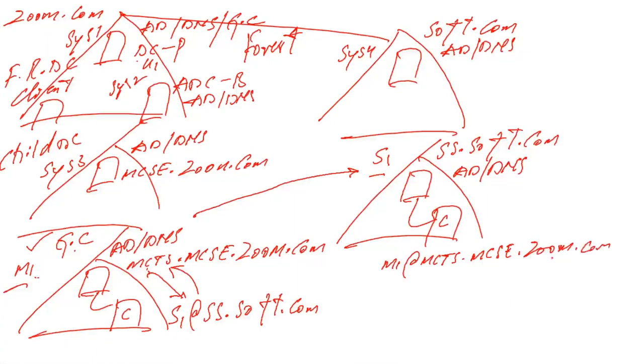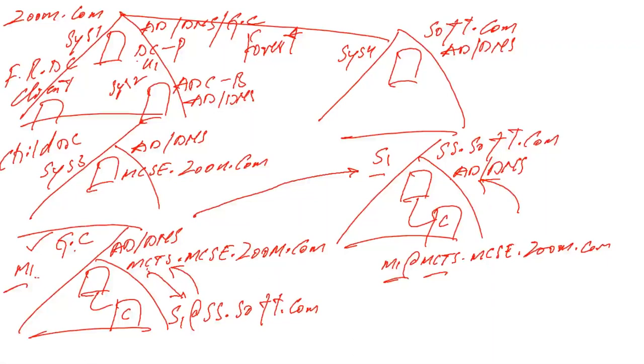Once you press enter, this client will forward the request first to the SS domain Active Directory, but does the ss.soft.com domain have any information about M1 and its password, or does the MCTS domain? No, right? SS will forward the request to Soft, Soft will forward the request to Zoom, Zoom will forward the request to MCSC, then MCTS will give authentication because the account is available here, then back to MCSC, then Zoom, to Soft, to SS, to the client, then the user can log in.